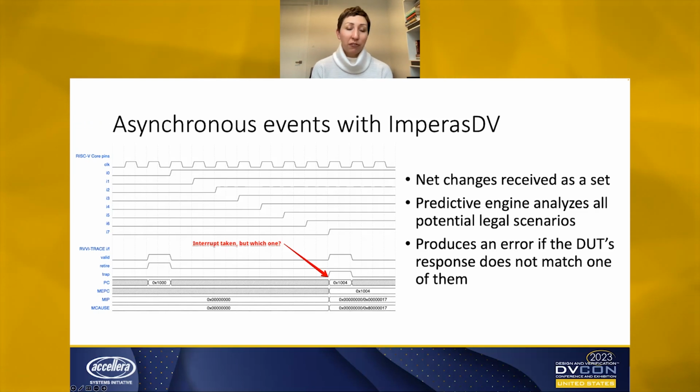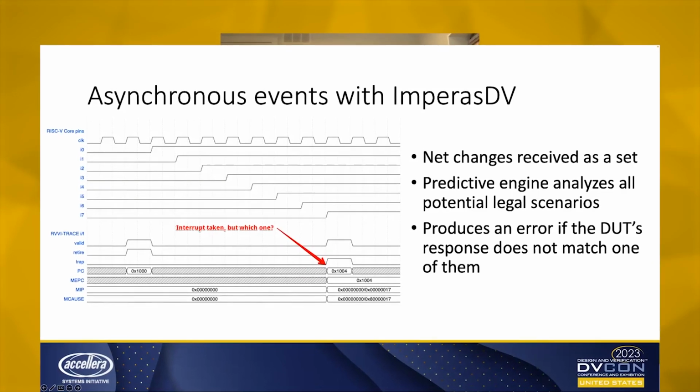And it will verify that the processor follows one of these legal paths. If it does not, then it issues an error. And so what this has done is eliminate the need for custom code to try to model handling of each interrupt or each similar asynchronous event scenario.